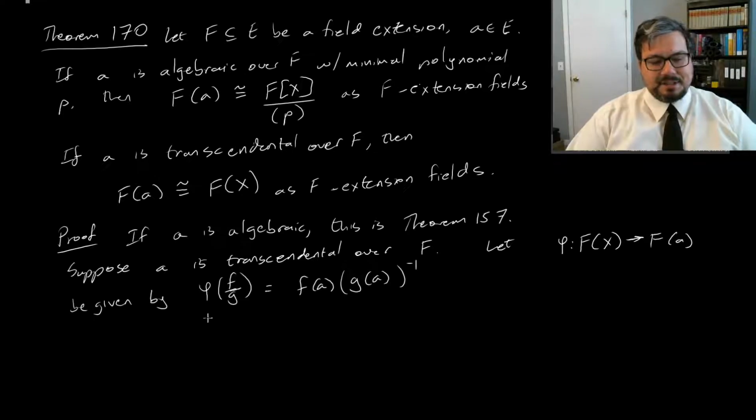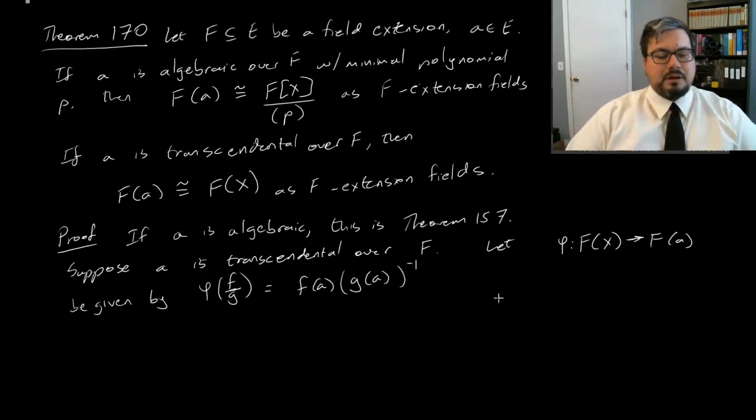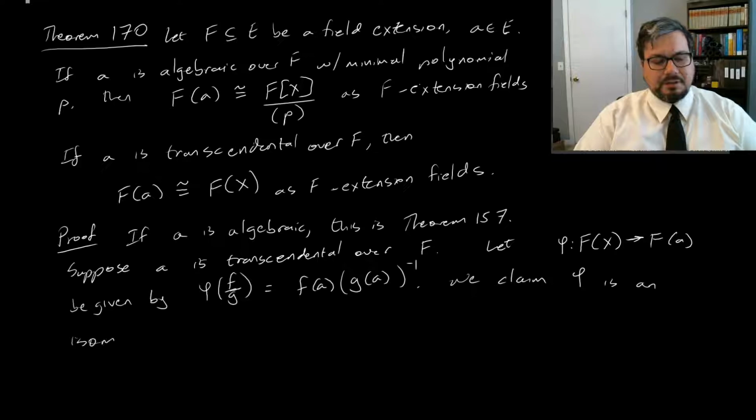So we've got this function here going from F(x) to F(a). And we're going to show that this function phi is an isomorphism of F extension fields. So we claim that phi is an isomorphism of F extension fields.